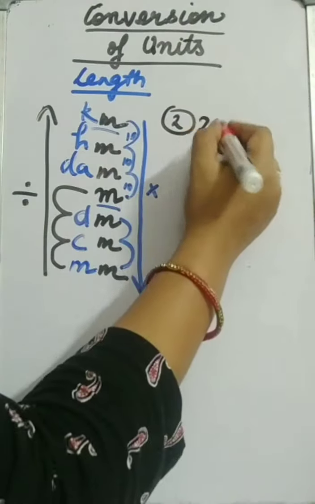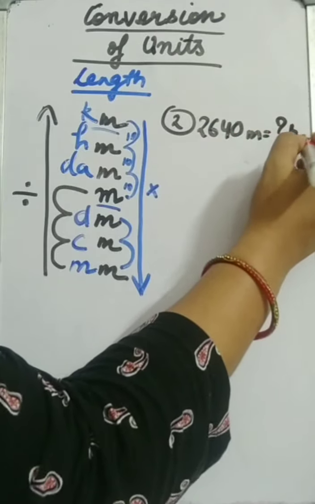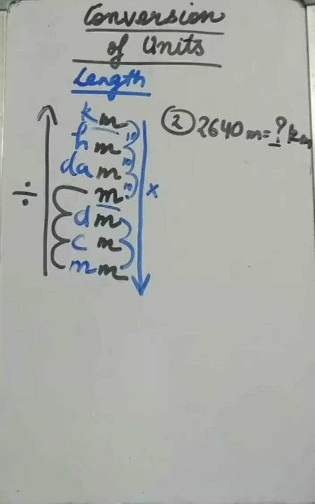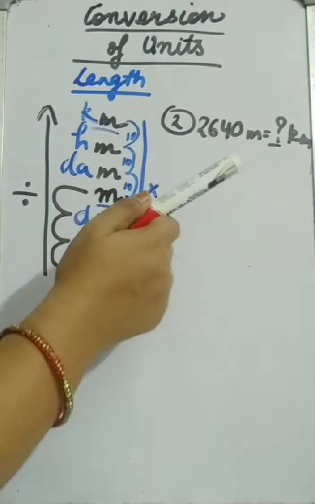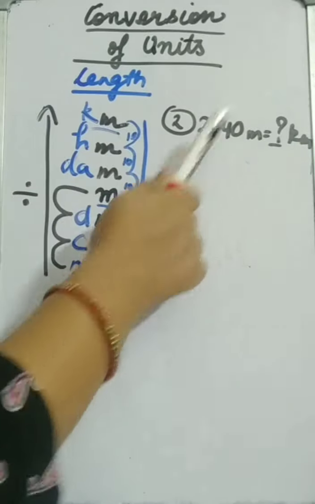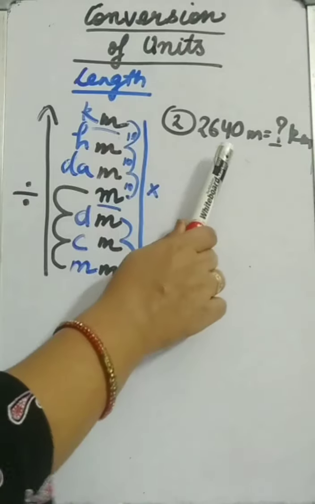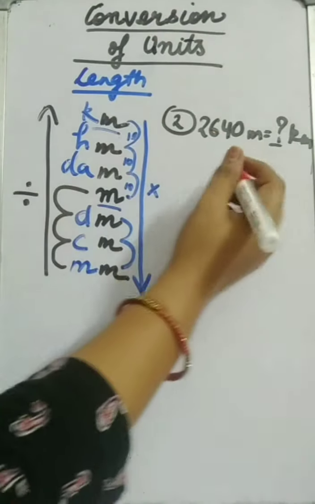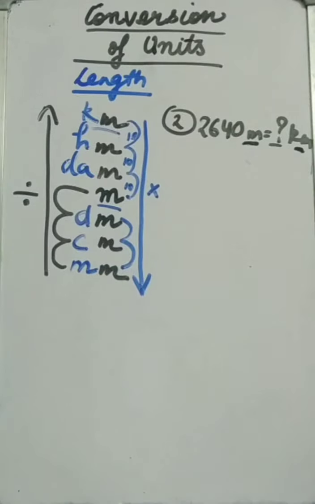Suppose I say 2640 meter is how many kilometer? See, I am already writing the question in the way I told you, that the unknown should be this side and known should be this side. This is the first step. Now, I have to convert from meter to kilometer. Here is meter, and I have to go to kilometer. That means I have to go up, so I will divide.